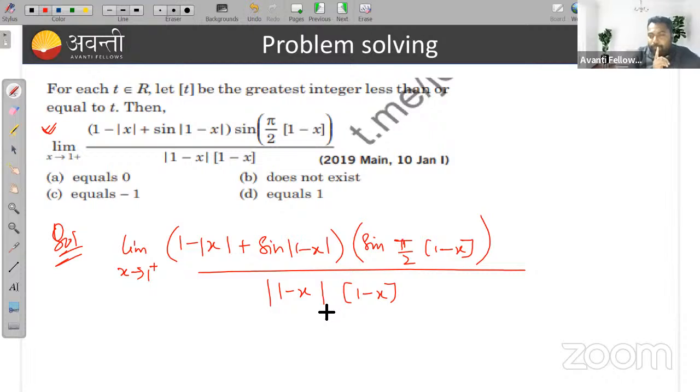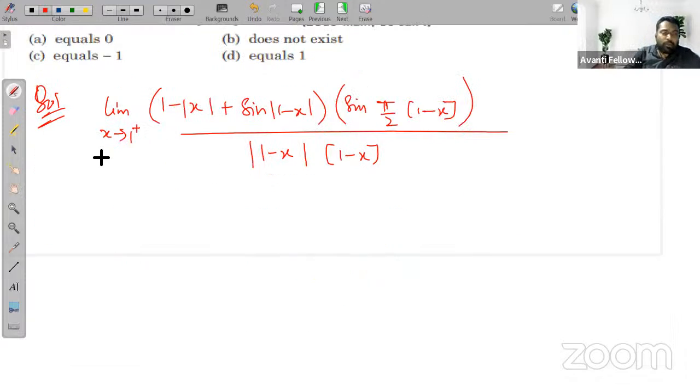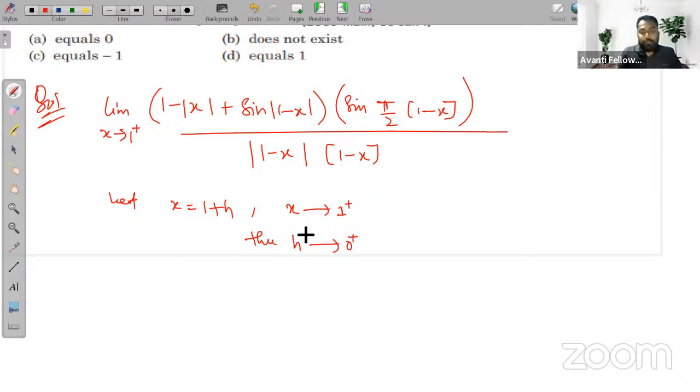So how can we solve this question? Let's think how we can solve. Simply, what we'll do is let x equal 1 plus h. We know x is tending to 1 plus, so h is tending to 0 plus.